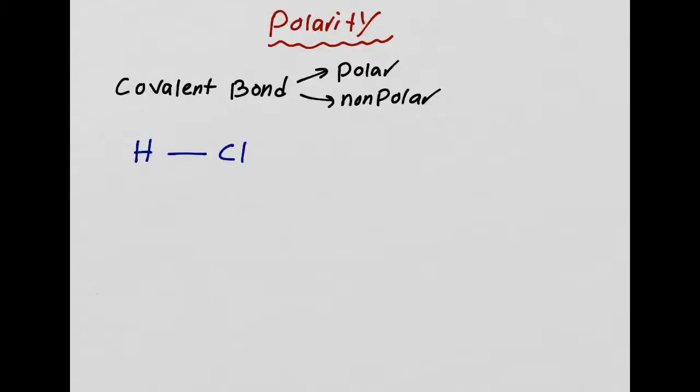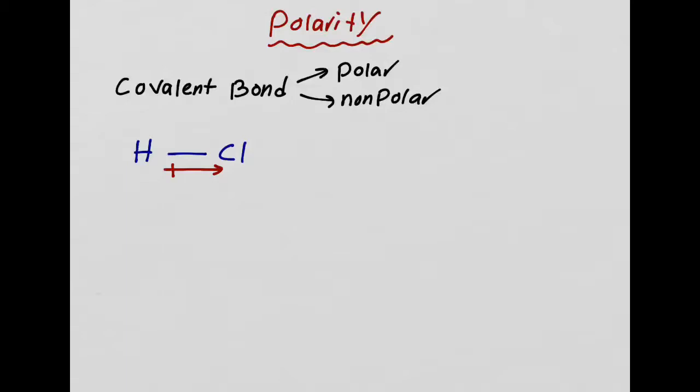Now, what does that mean? That means the Cl is going to pull most of the electron toward itself, because if you have a higher EN value, you are stronger. So Cl pulls the electron toward itself, and because it pulls the electron toward itself, it has more electron than it should.